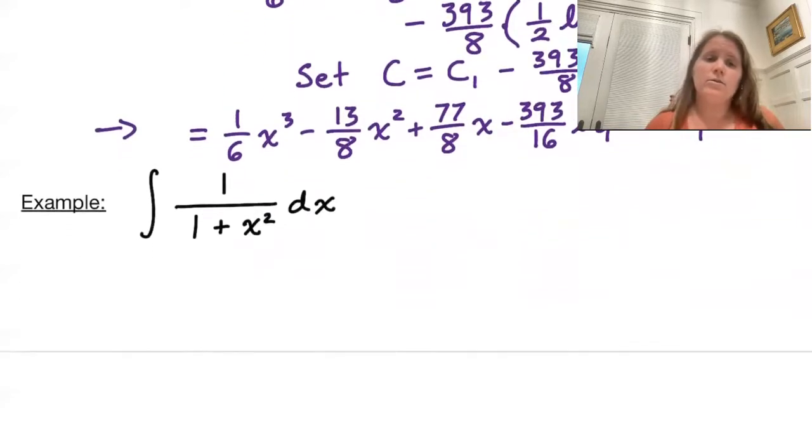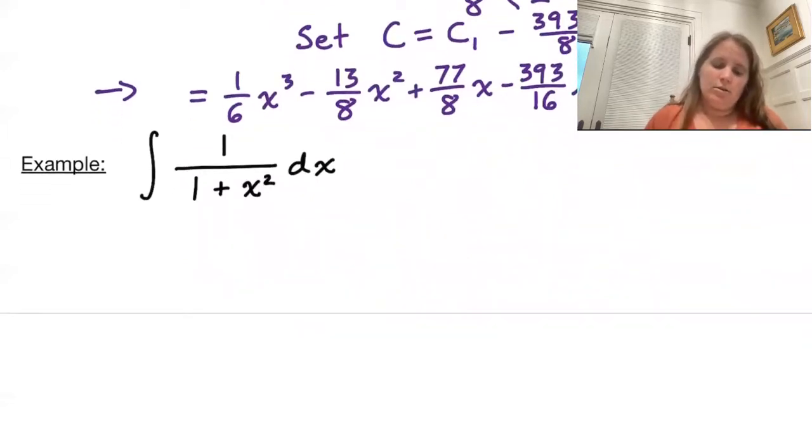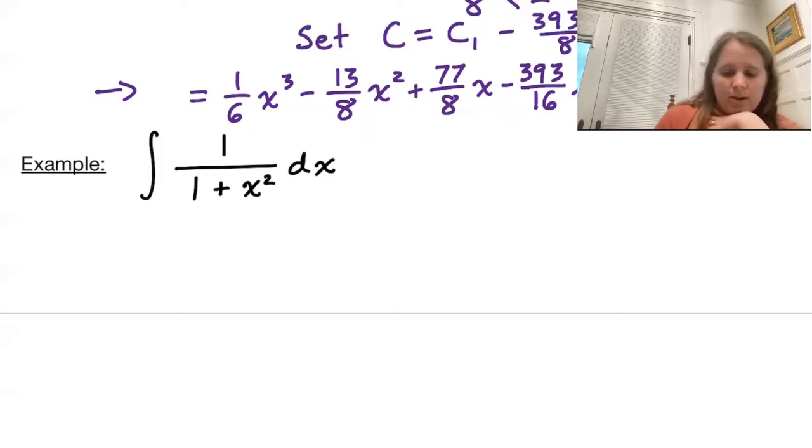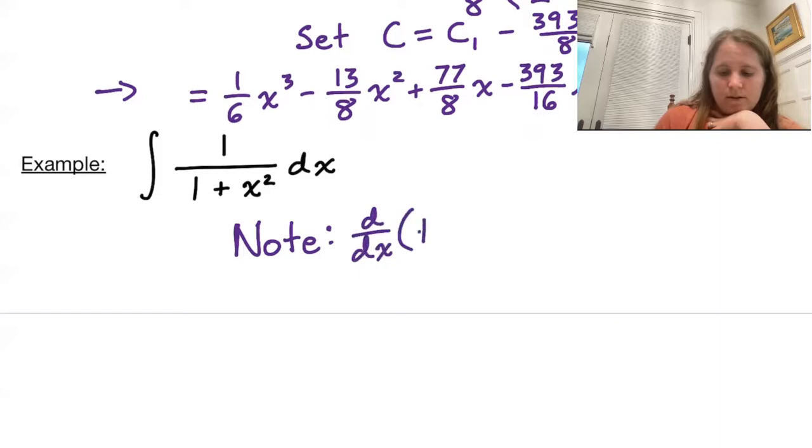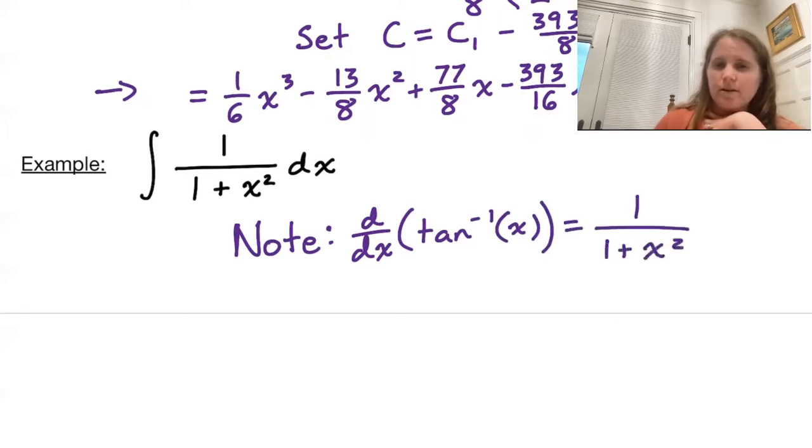Next up, let's consider the integral of 1/(1 plus x squared) dx. So this one, u substitution will not work. We can't do division because there's nothing to divide into. So there's no simplification. U substitution does not apply. But this is a key integral to be aware of. So note that the derivative of tan inverse of x was equal to 1 over 1 plus x squared.